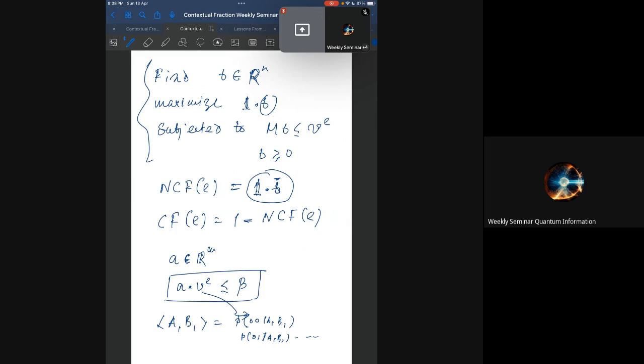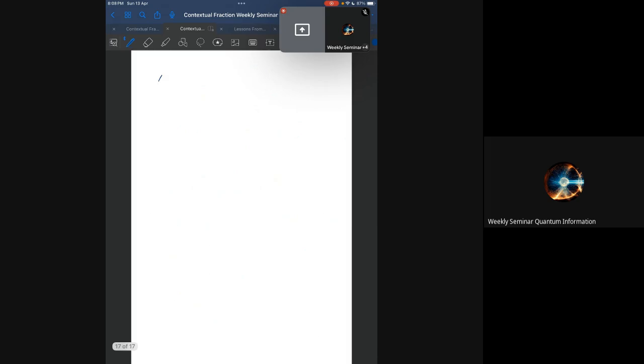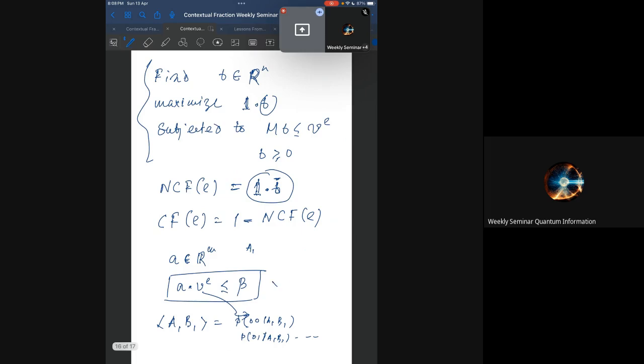And when you write the CHSH inequality, it looks like A1B1 plus A1B2 plus A2B1 minus A2B2 less than or equal to 2. So you are writing the CHSH inequality in exactly this form, no? This A is a vector that contains +1 and -1.